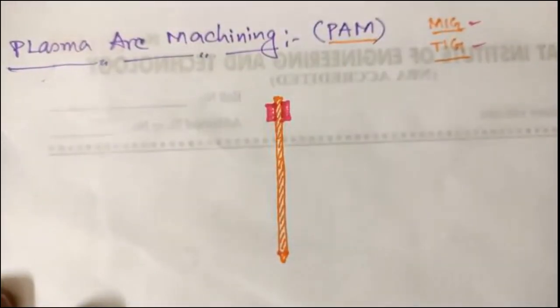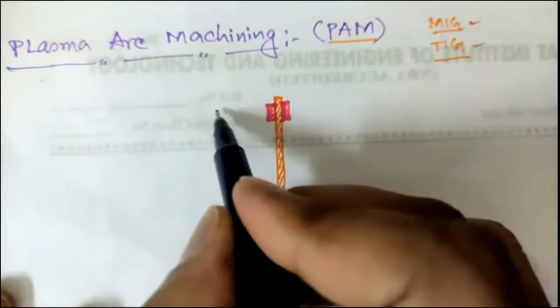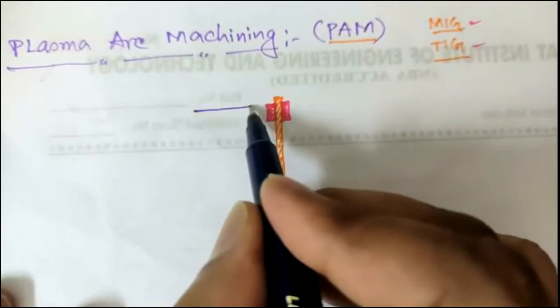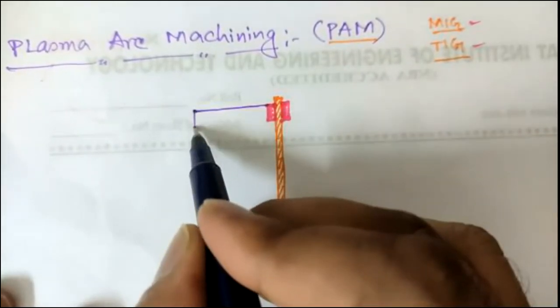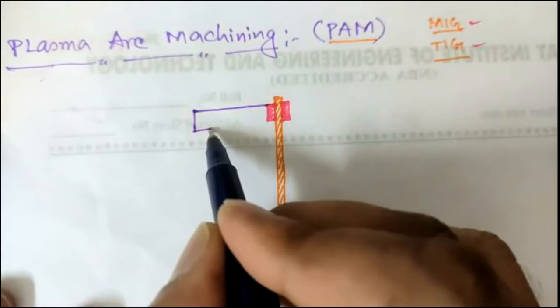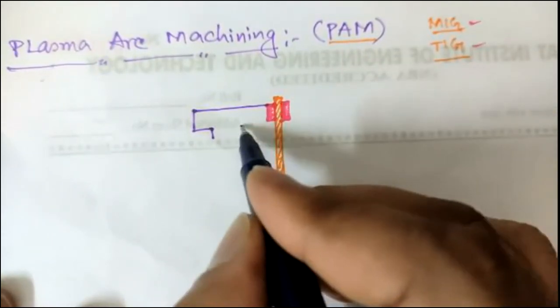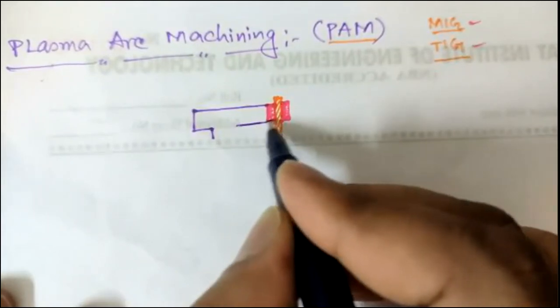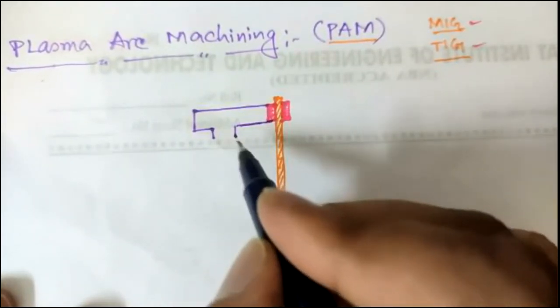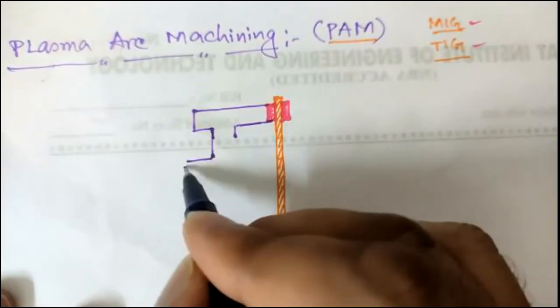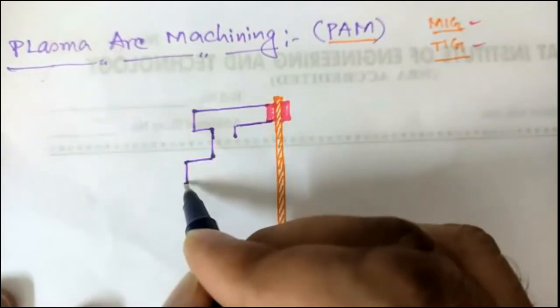In tungsten, no, sir, we will not use any. Okay. Any other thing you know? In metal inert gas welding, when welding is continued, it will take time to cool the metal, sir. In tungsten, it will cool the metal fast, sir.